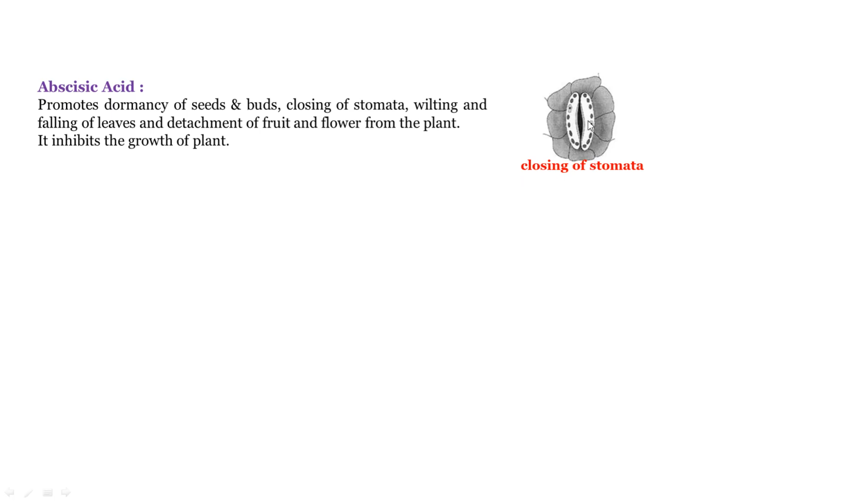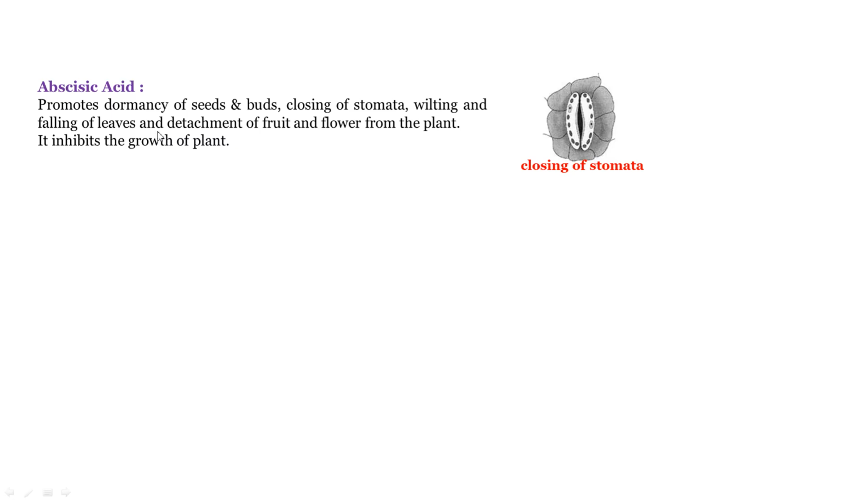If abscisic acid is released, the stomata are stimulated to close. Wilting of leaves, that is, the curling of leaves in the absence of water, is also associated with it.